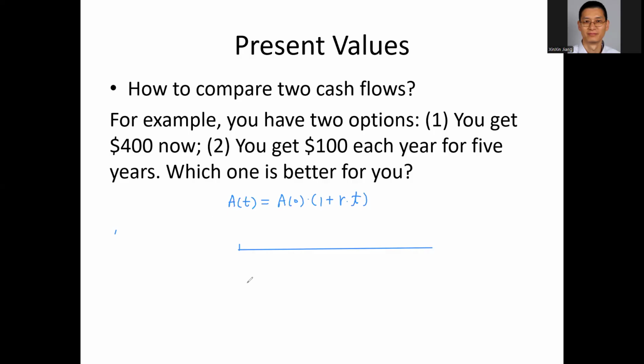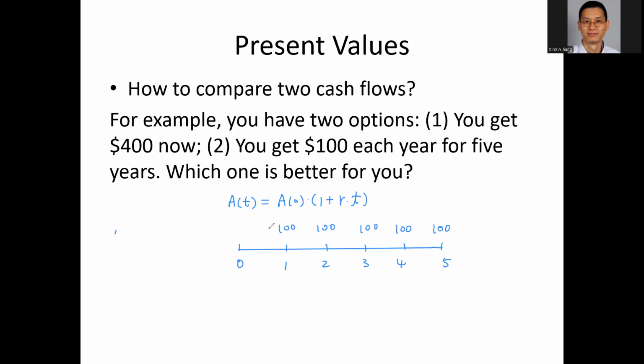The first one's pretty clear. You have $400 now, so you have 0, 1, 2, 3, 4, 5. And you will get $100 each year for 5 years.